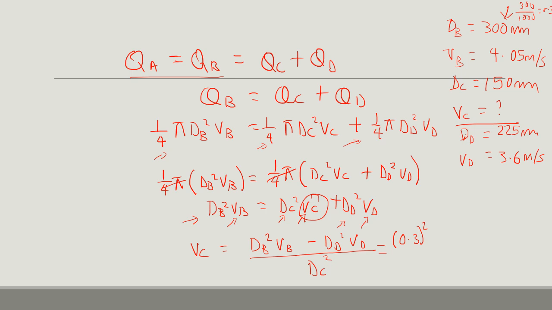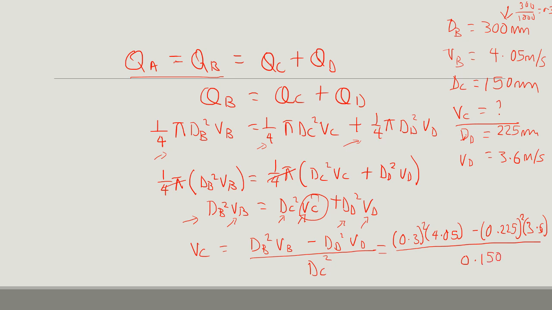0.3. Then VB is 4.05, minus dD, 0.225 square, multiplied by VD, 3.6, over 0.150.